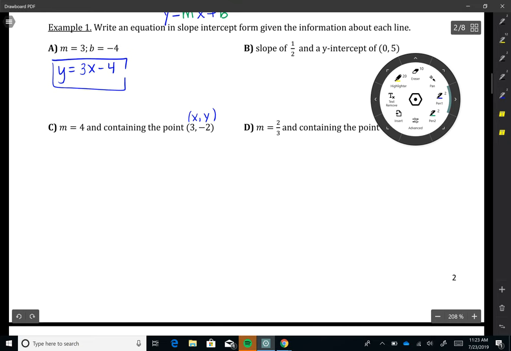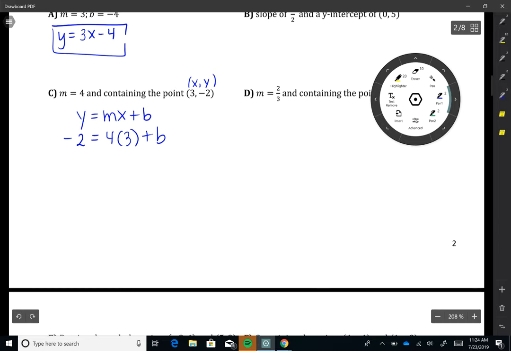So obviously m is our slope, and we know that 3, negative 2 gives us an x and a y. So what we can do is substitute those values into our slope-intercept form and solve for b. So my y value is negative 2, my slope is 4, my x value is 3, and then I still have plus b at the end.